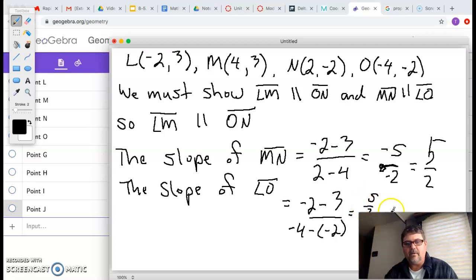All right, so what we've done there is we've basically proved this, but we need to state it at the very end here. And so we write, so we can say now that MN is parallel to LO.